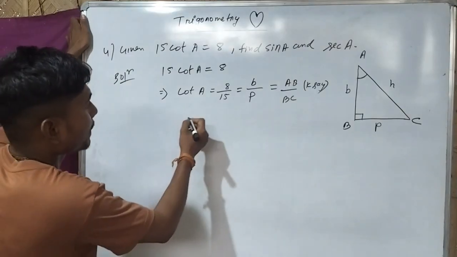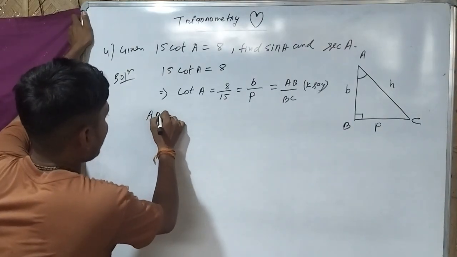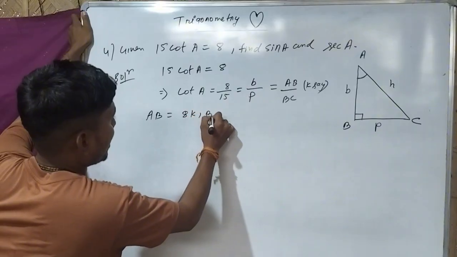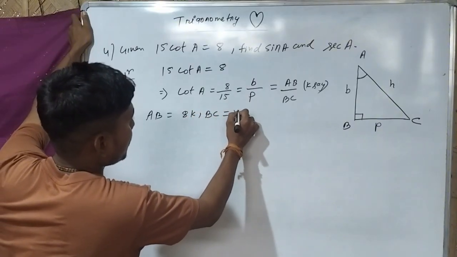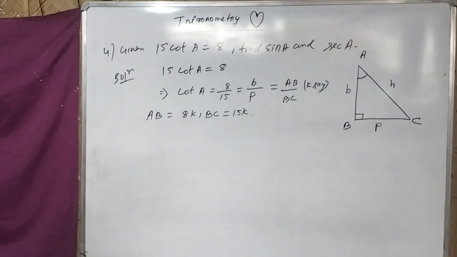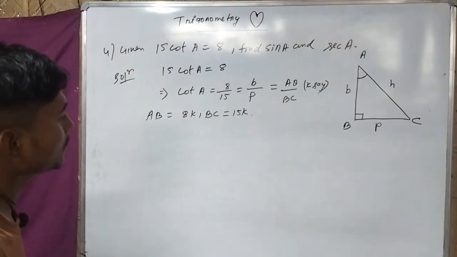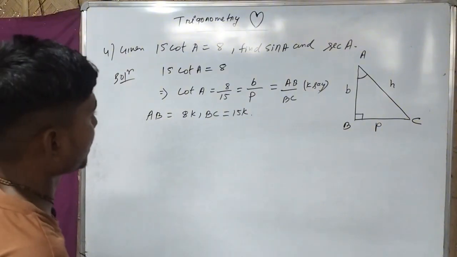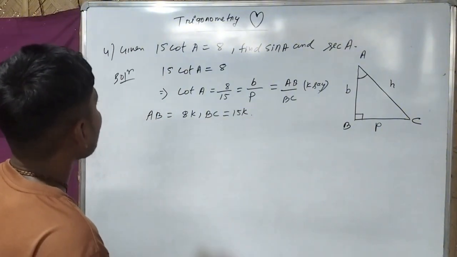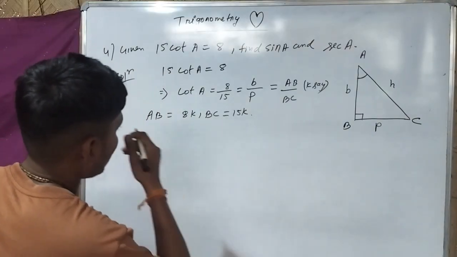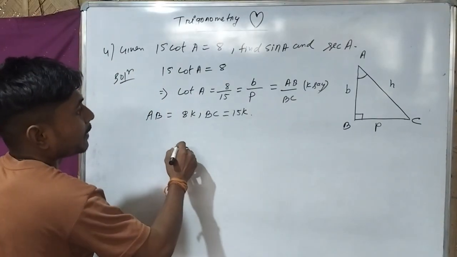Then AB will be 8K and BC will be 15K. Is it clear? Then we can find sin A and sec A. Now we can find the third side.